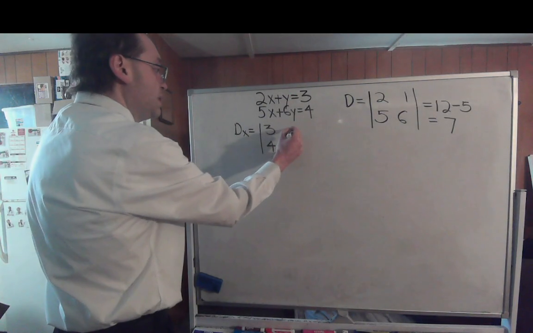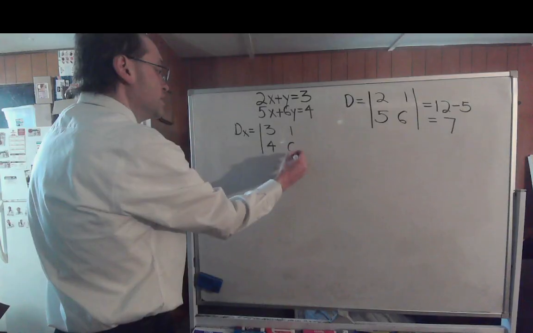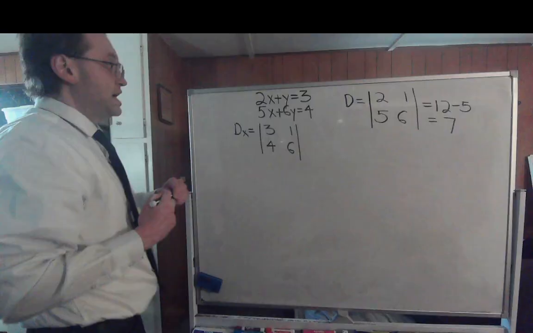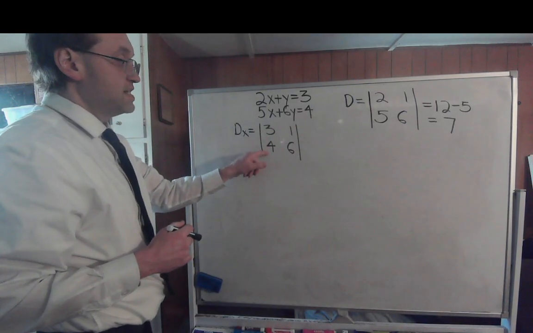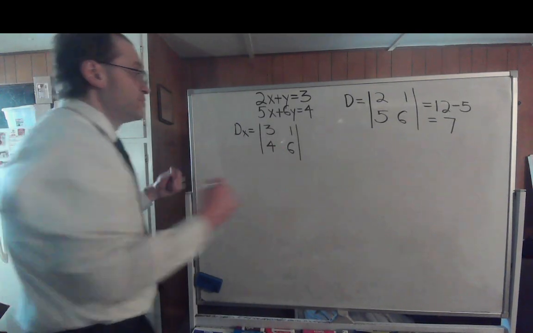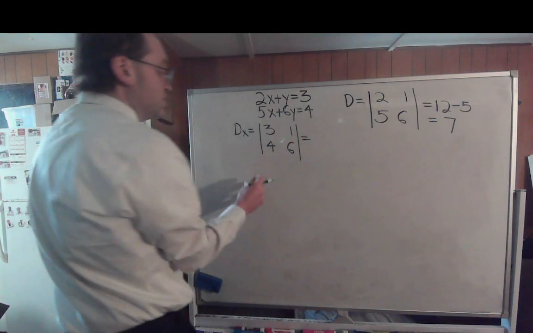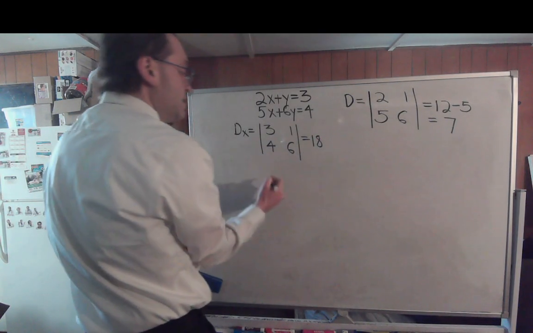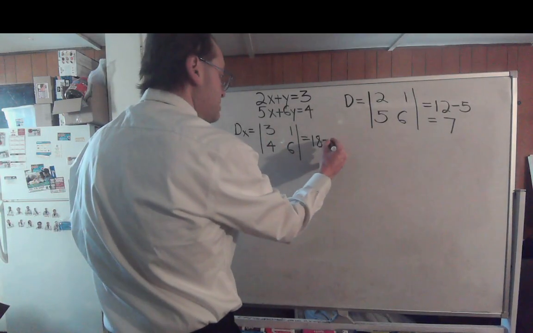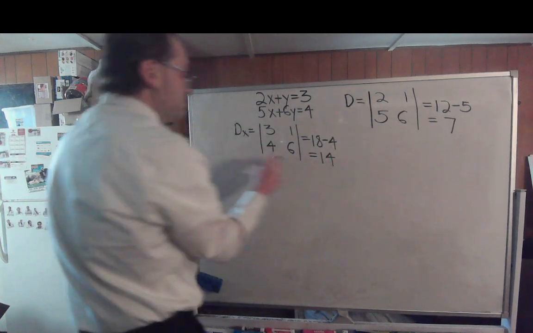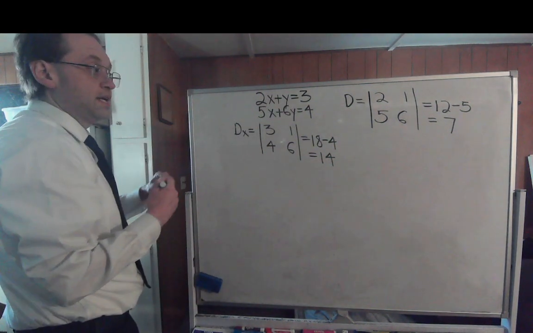But you'll keep your y coefficients the same, the 1 and the 6. So I took that 3 and 4, slid it into the x columns, and I kept my y coefficients the same. So of course this determinant would be 3 times 6, which is 18, minus 1 times 4, so that'd be minus 4. Well, the d sub x determinant is 14.